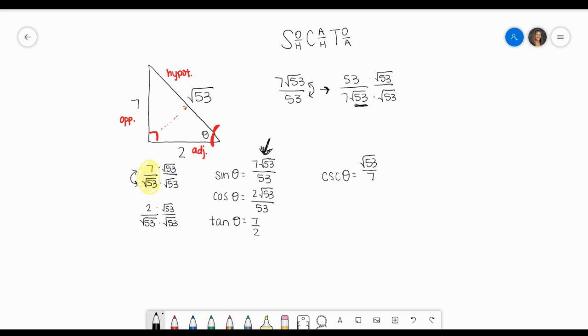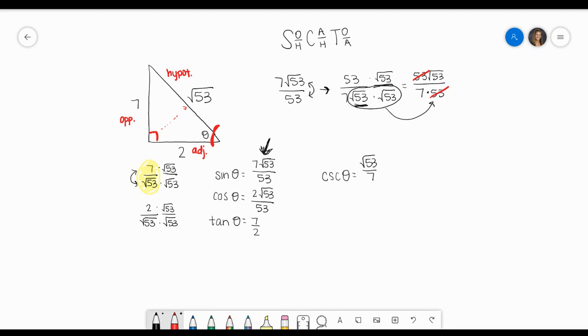And then you end up with some crazy numbers. You end up with 53 square root 53 all over 7 times 53, because remember, the square root of 53 times the square root of 53 is just that number. So then technically this isn't terribly bad. You can cancel those out and you would still be left with the square root of 53 over 7.